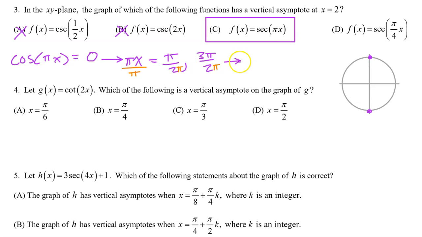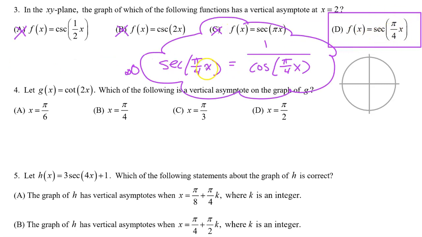And then, on the right-hand side, we're going to get x is equal to, these pi's cancel out, leaving 1/2, and these pi's cancel out, leaving 3 over 2. We were looking for x equals 2. So we are not getting x equals 2, so C is not the answer.